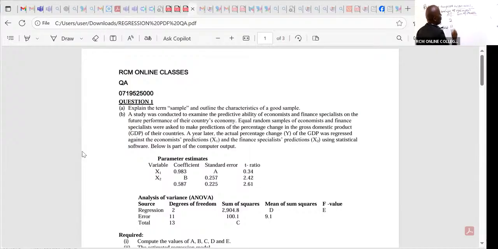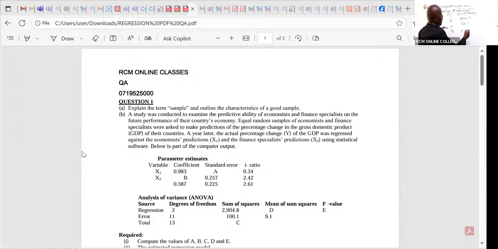I can see 2904.8, then we have 100.1, and then we have there a C.